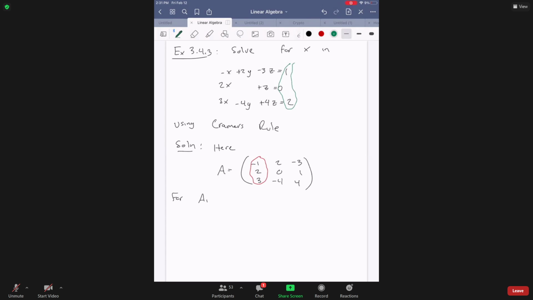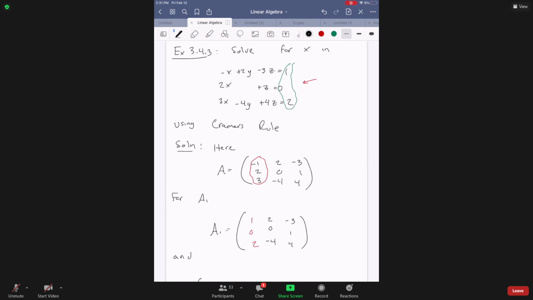Since we're solving for x, we need A1. A1 is going to equal 1, 0, 2, which is this stuff right here, and then just leave the other columns the same. Then find the determinant of each one of those.